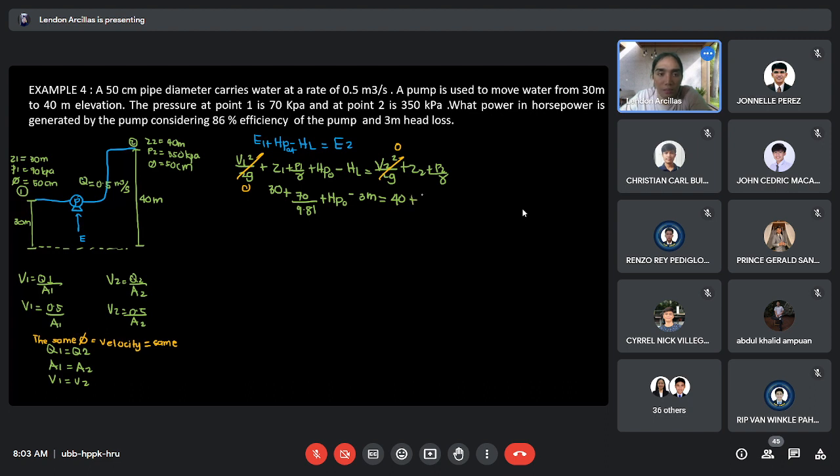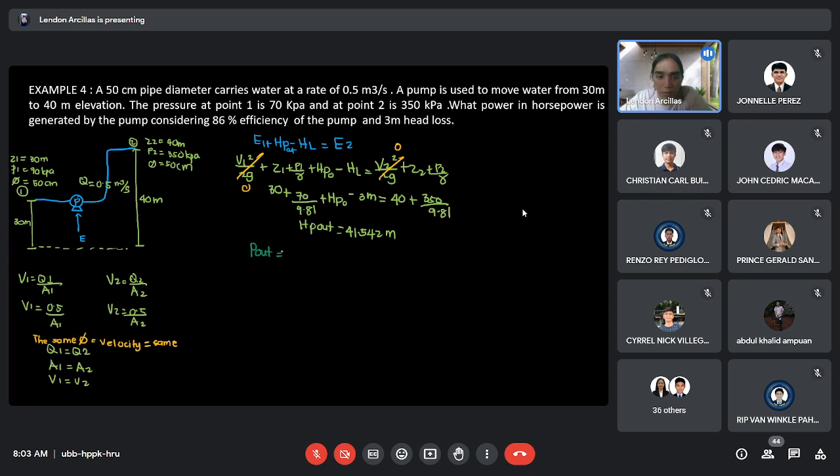And lastly, the pressure at 350 over 9.81. So HP out here is 41.542 meters. Okay? So now we can get the power out.